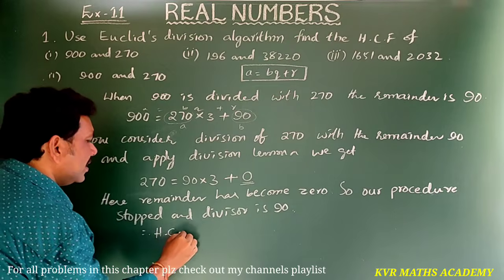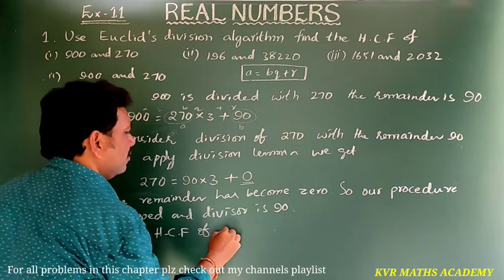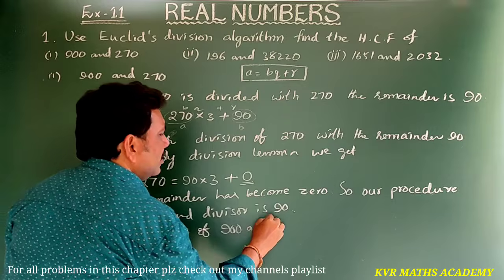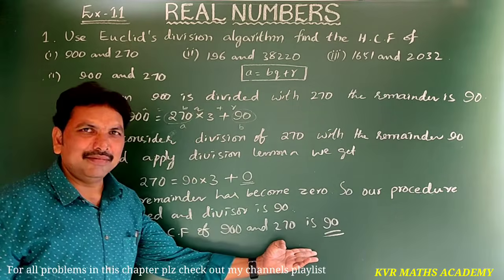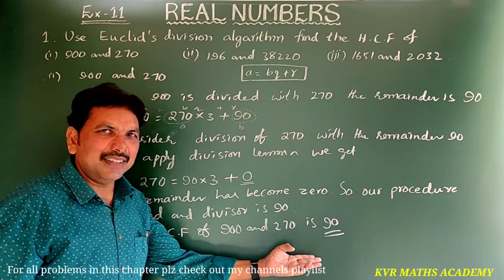Therefore, the HCF of 900 and 270 is 90. Have you understood clearly? Yes, note it down.